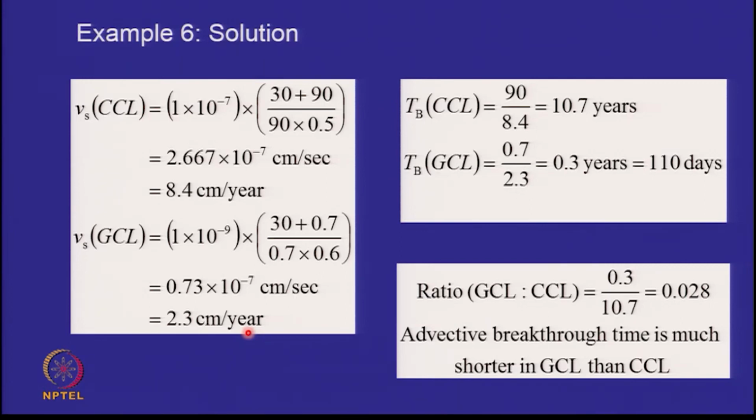However, the thickness of the geosynthetic clay liner is lower. So the breakout time in the geosynthetic clay liner is 0.7 centimeters divided by 2.3, 110 days. That's about 3 to 4 months.